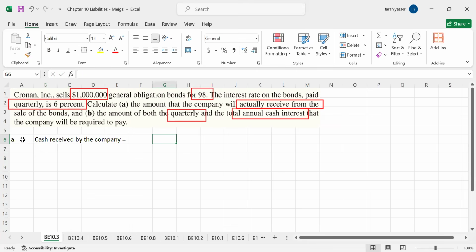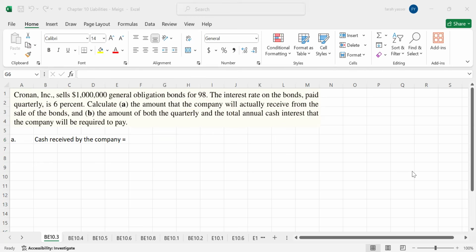Basically, the bonds are issued at 98, which means 98%, or $100 bonds issued at $98. So the company is getting 0.98.